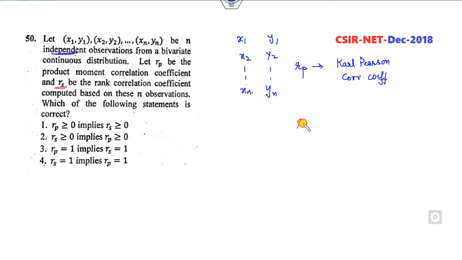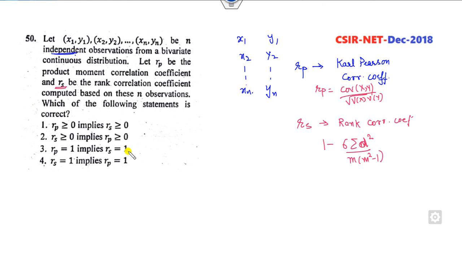Rs is the rank correlation coefficient. I think all of you know how you can find the rank correlation coefficient. This is 1 minus 6 sum d square over n(n square minus 1), whenever there are non-repeated ranks. How do you find the value of Rp? That is the covariance of xy divided by the standard deviations of x and y.